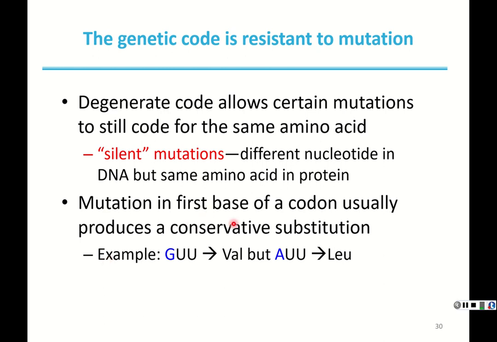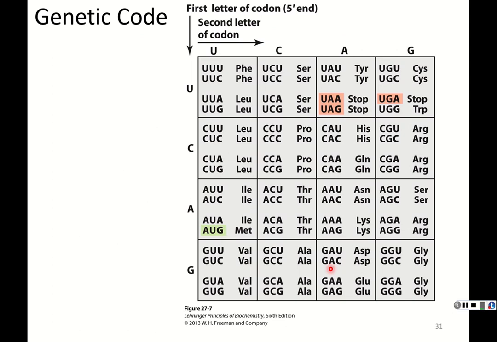A mutation in the first base of a codon usually produces a conservative substitution. So if you have a G going to an A, that's an amino acid change in that first position. You change from a valine to a leucine, but they're the same type of amino acid.